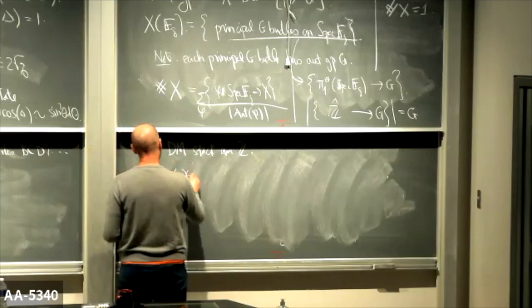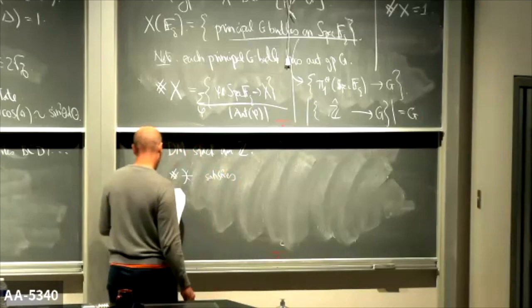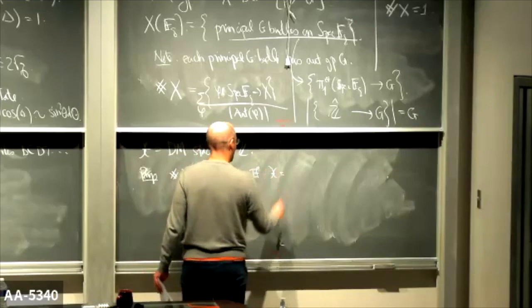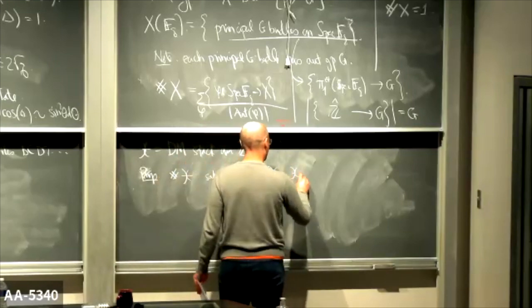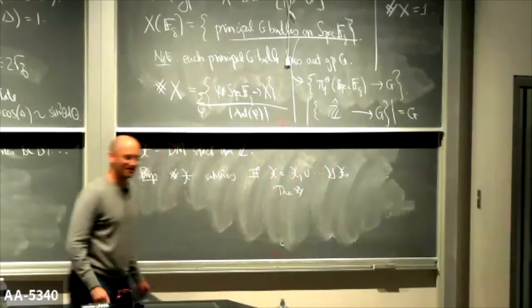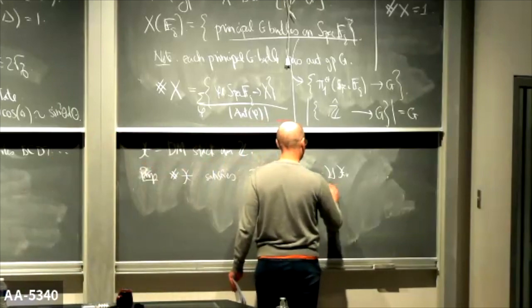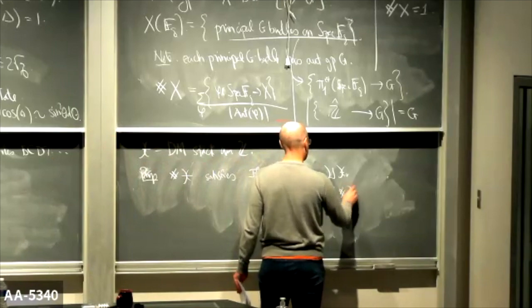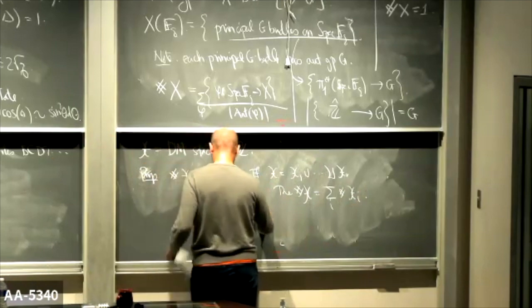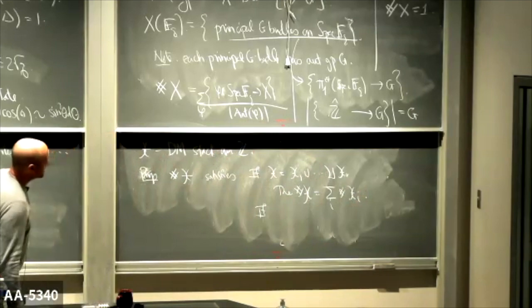The point count so defined satisfies a number of nice properties. First of all, it's additive for disjoint union. So if we write our stack as a disjoint union, then the number of points on X is the sum of the number of points on the pieces. Here's another good one.